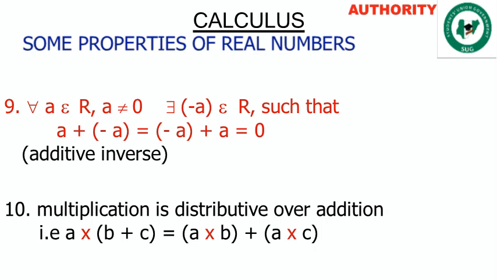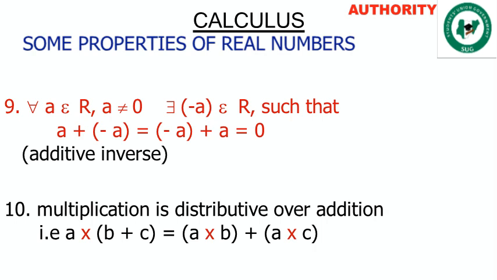When you have A times open bracket B plus C, then the distributive property says you have A times B in bracket plus A times C in bracket. So these two expressions are equal. That is what we call distribution. It is only distributive over addition, not any other one. So multiplication is distributive over addition.